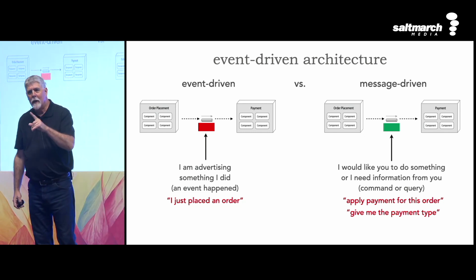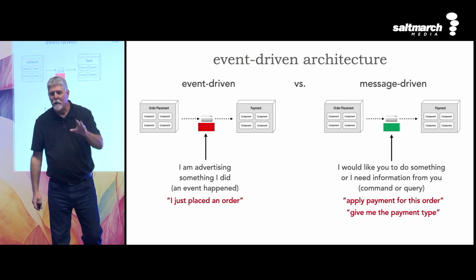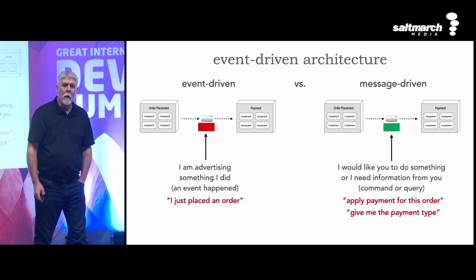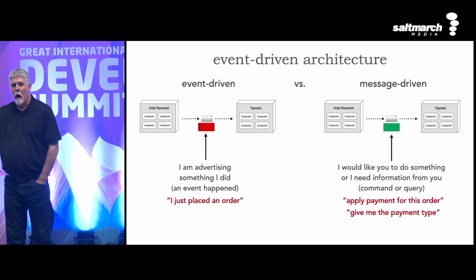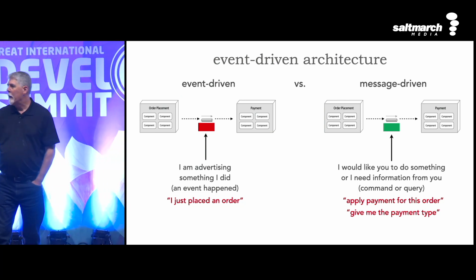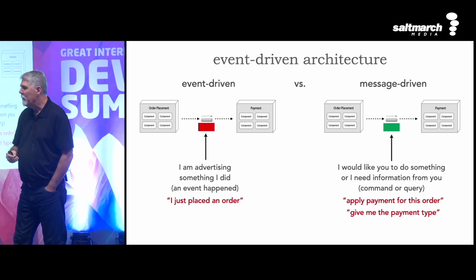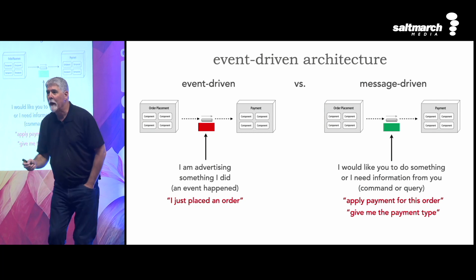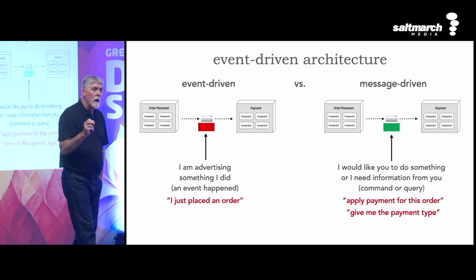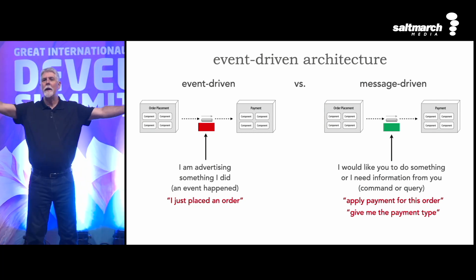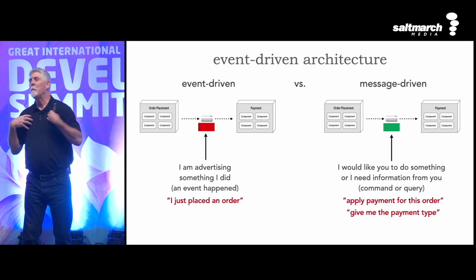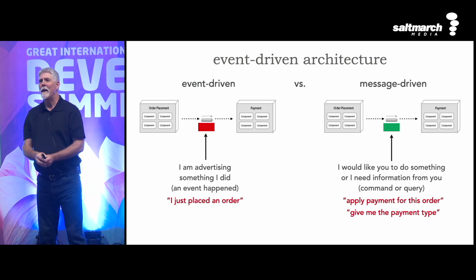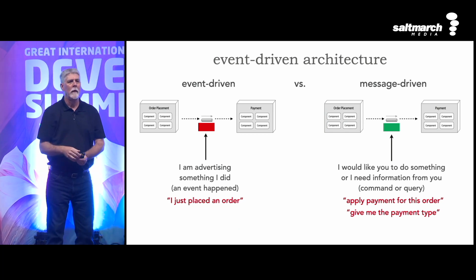Versus a message, which says, I would like you to do something for me. It's more of a command or a query. I just received an order, and I'm going to hand it over to Hugo, and I'm going to say, can you please pay for this? I need to send him something. That's a big difference, you see, because when I say, hey, everybody, I'm a service, I'm order placement, I just placed an order. Here you go. And I hand out the event. It's up there somewhere.